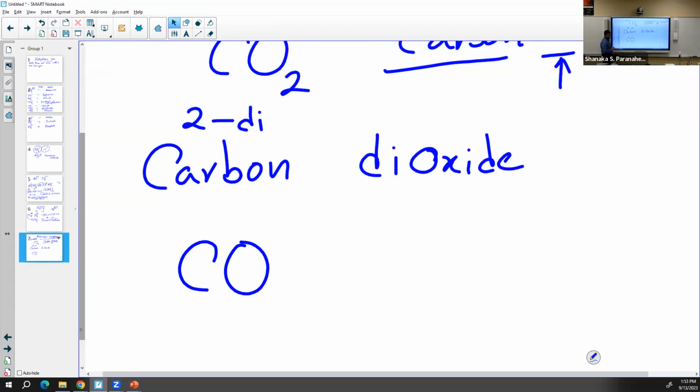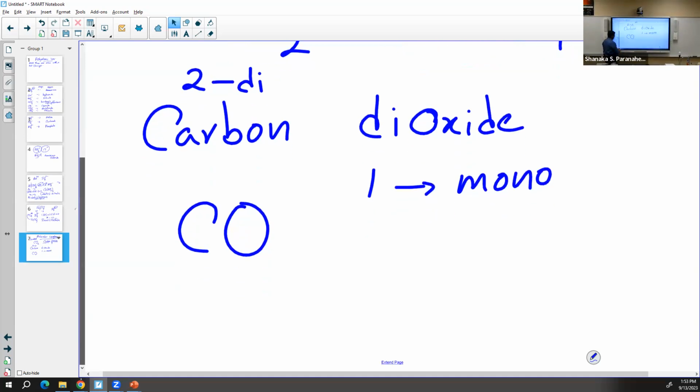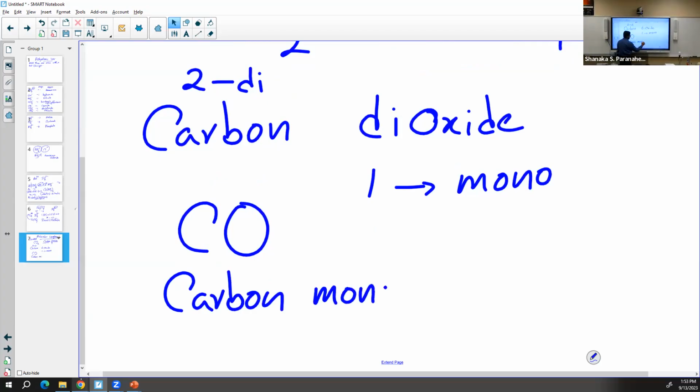Did anyone recognize this molecule? CO, carbon monoxide. Okay, so if it is 1 atom, that prefix name is mono. Now first non-metal gets its element name, so that's carbon. It's 1 oxygen, so that's mono.